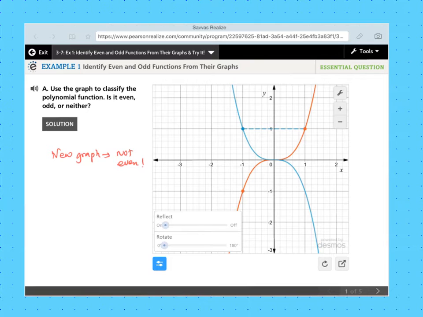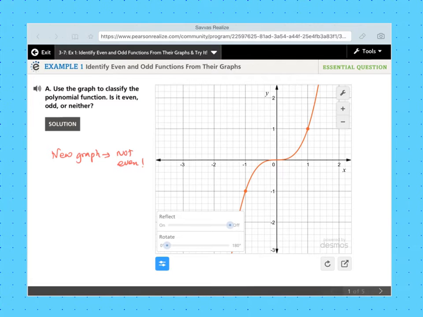Okay, now let's look at the second one. I'm going to turn off the reflection, so I'm making it go back to the original. And now let's look at what happens if I rotate it around the origin. I'll rotate it to 180 degrees.